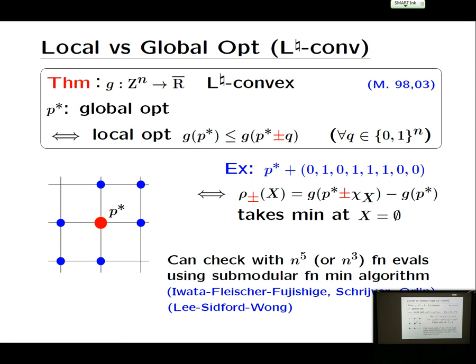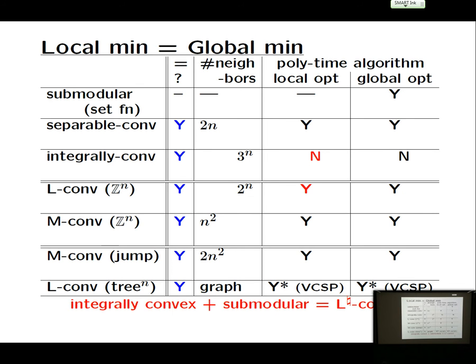Anyway, this is called polynomial. Summarizing, we have this inclusion for all the classes, and the sizable neighborhoods are here. For integrally convex and L-convex they are exponential. But for L-convex function, in spite of that, we can still polynomially decide whether they are locally optimal or not.